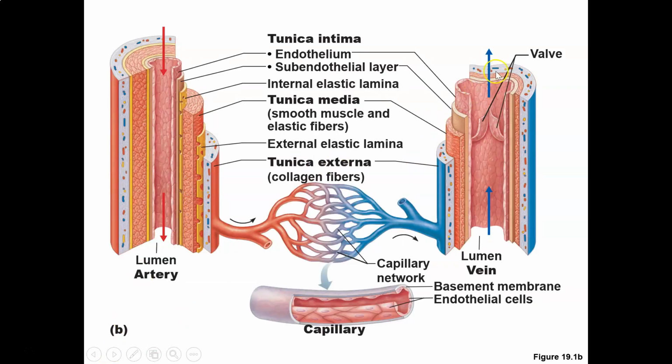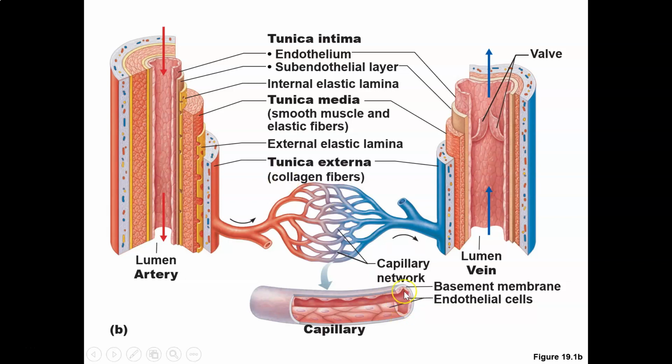Here we see arteries and veins. The artery side, we've got the tunica intima, just this inner layer of these sort of pink endothelial cells here. Now this is simple squamous cells. They're endothelium, one cell thick. That's the innermost layer, and it is continuous through all the blood vessels.